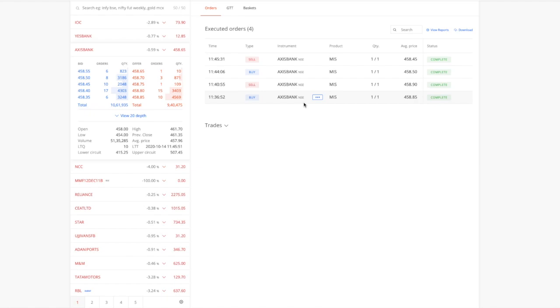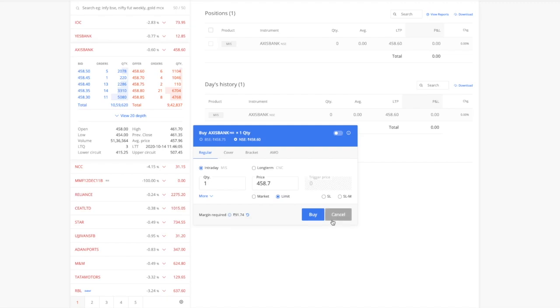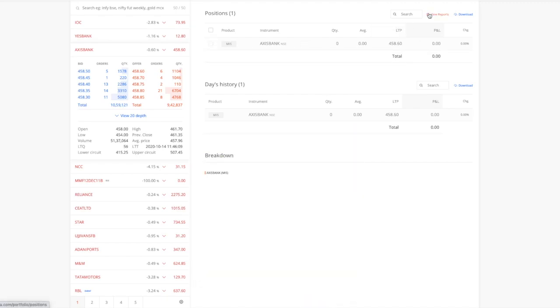Got it. So right now I have just shown you how to use a buy in market order as well as in limit order. Both have been shown. So I have shown you how to exit the positions, that is, once you buy, how to exit that. That also I have shown.